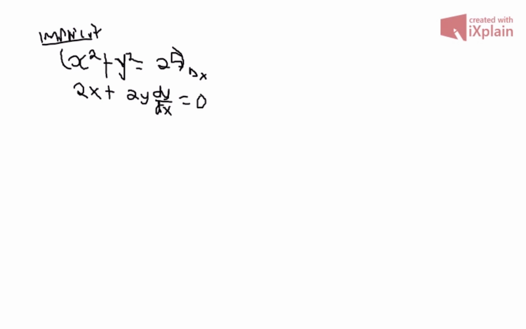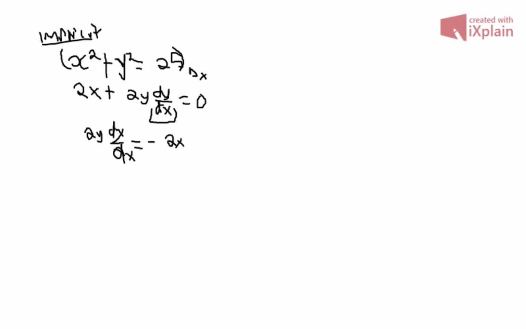So it's 2x plus 2y dy over dx. Now it's 2y dy over dx equals negative 2x.